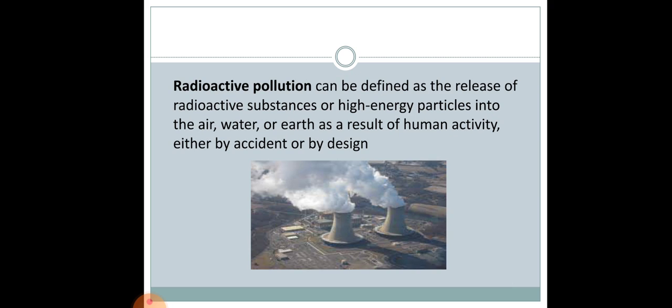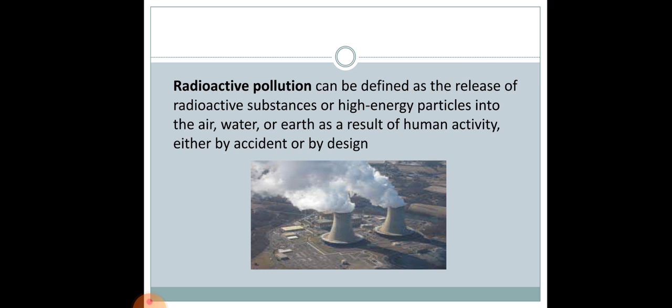Now coming to the next type of pollution, that is radioactive pollution. This is one of the most dangerous forms of pollution because it is extremely harmful and can even result in death. This pollution has risen in the 20th century because of the rise of atomic physics and nuclear weapons. Radioactive pollution also enhances the pollution of air and land with radioactive poisoning.